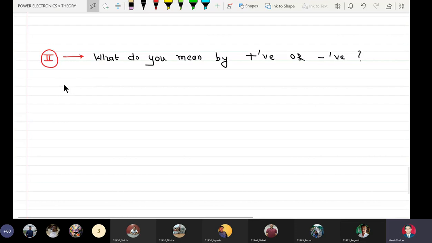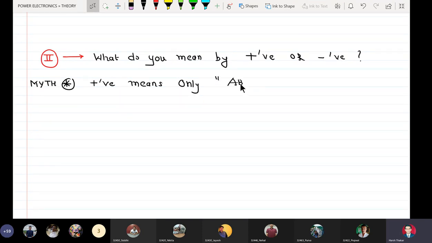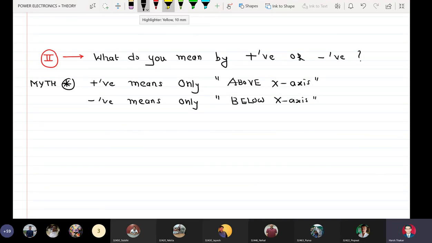Now, the myth or a misconception is positive means only above x-axis and negative means only below x-axis. Students, this is a myth.